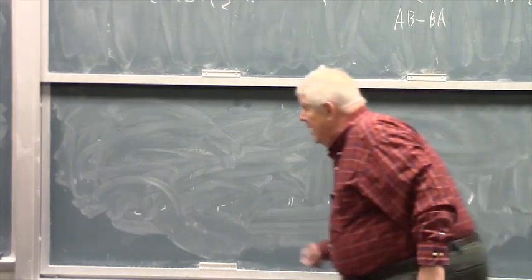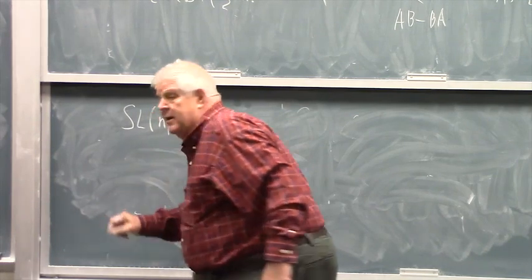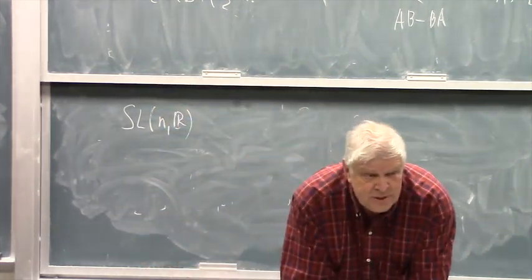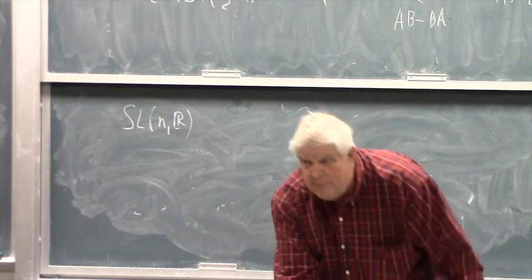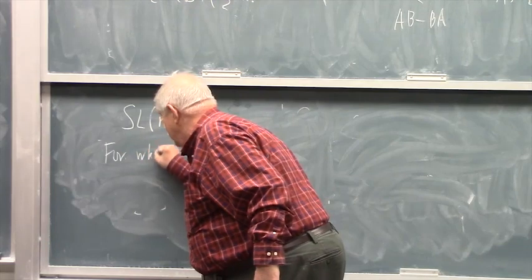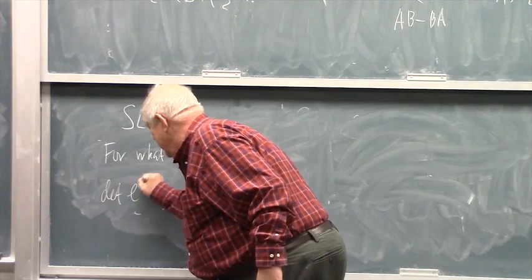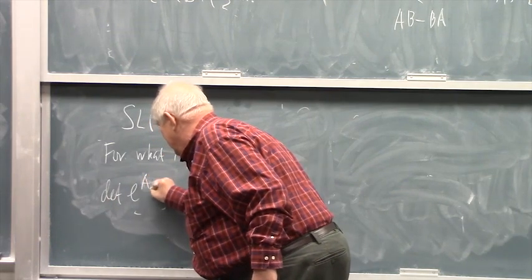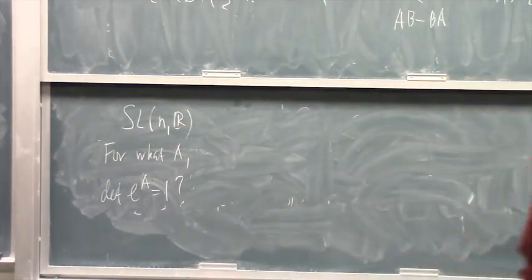So I consider SL_n(R). A very elementary algebraic question: can you imagine a matrix A such that the determinant of the exponential is 1? For which matrices does the exponential have determinant 1?